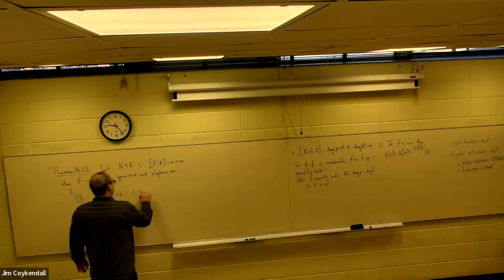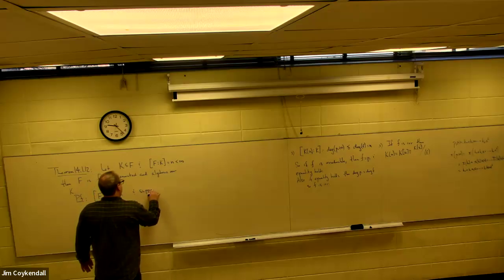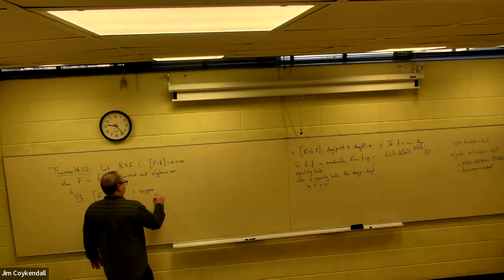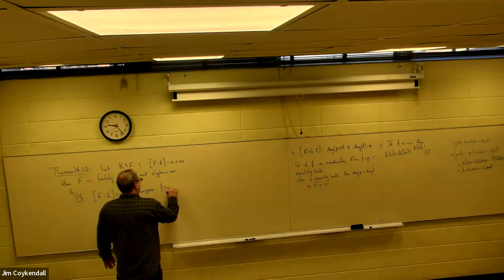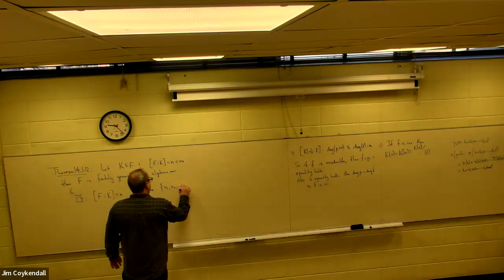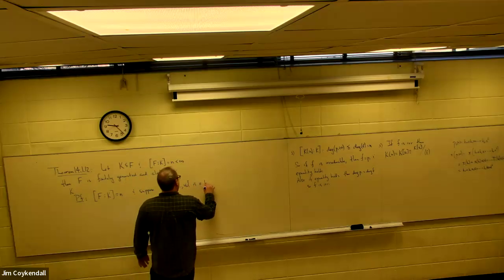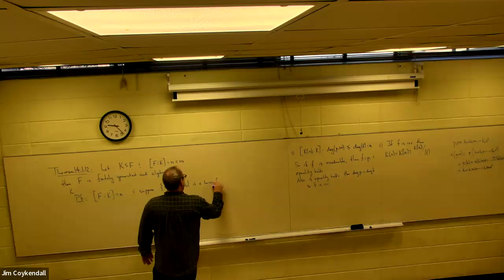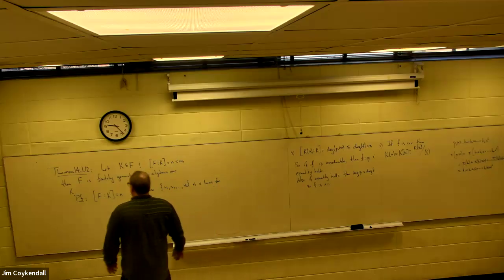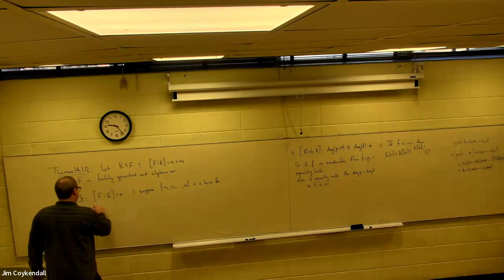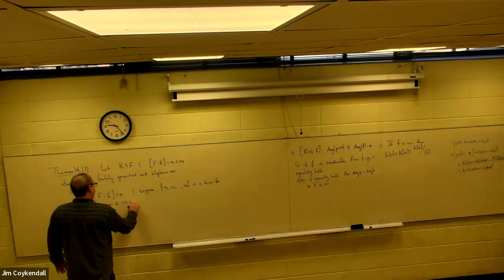And suppose, let's say, b1, b2, ..., bn is a basis for F over K as a vector space.